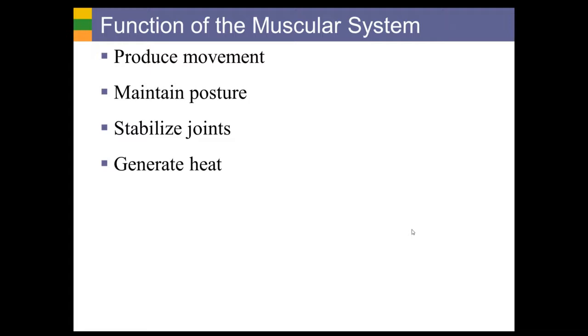And so your muscular system generates heat to maintain your body temperature. That is why if you exercise, you generate heat and you sweat, because your body is trying to maintain normal body temperature.